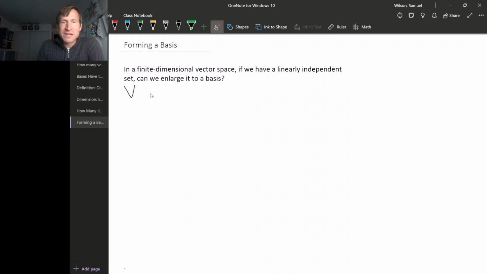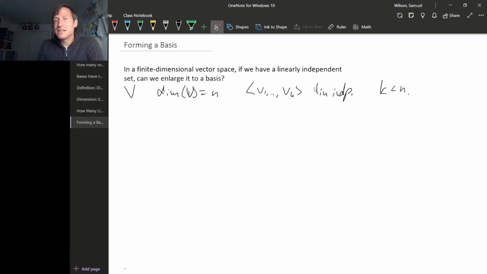Suppose we're in a vector space V. Let's say the dimension of V is n, and we have some collection v1 up through vk, and we know that this is linearly independent, but also k is less than n. So we have a linearly independent set, but it doesn't yet have enough vectors in it.